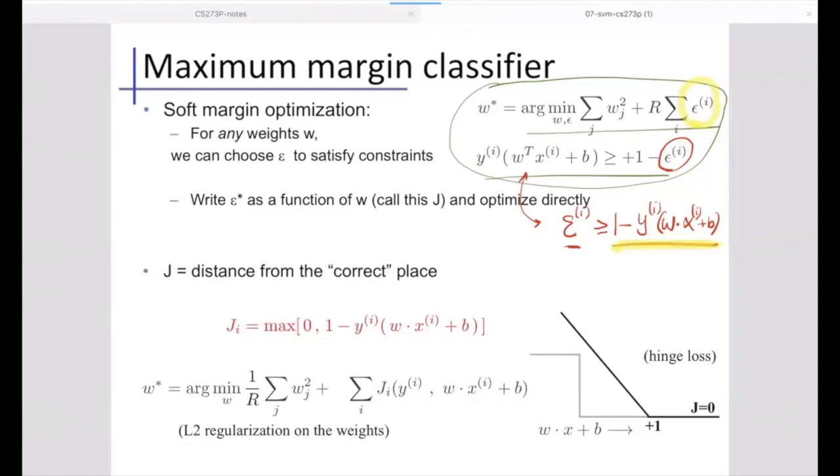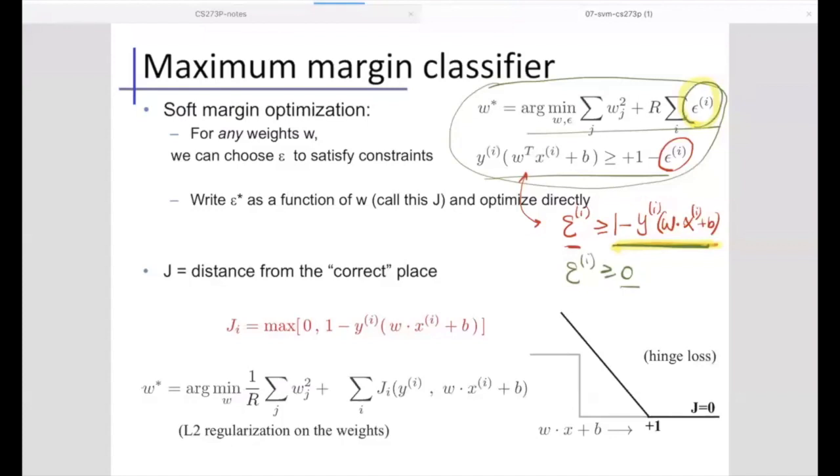However, I should mention that there's one more constraint: the slack variables need to be non-negative, greater than or equal to 0. So when I minimize with respect to epsilon, it's going to be either this solution or 0, whichever is bigger. If this is positive, it's going to be this. If this is negative, it's going to be 0.